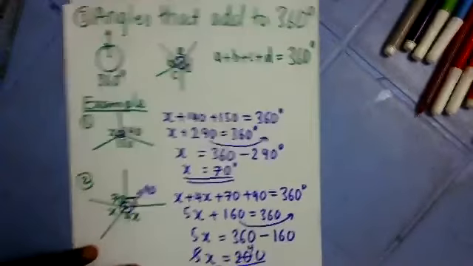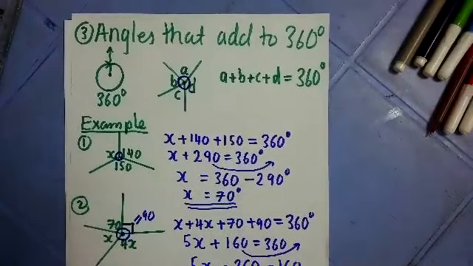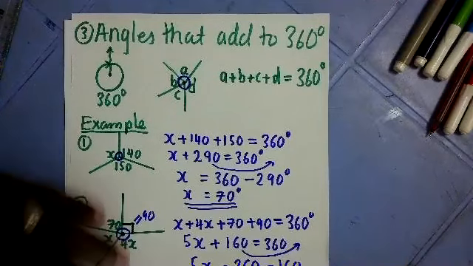So if you're with me, students, you'll realize we have looked at number 1, the property which says angles that add up to 90 degrees. Then we went ahead and looked at number 2, the property of angles that add up to 180 degrees.